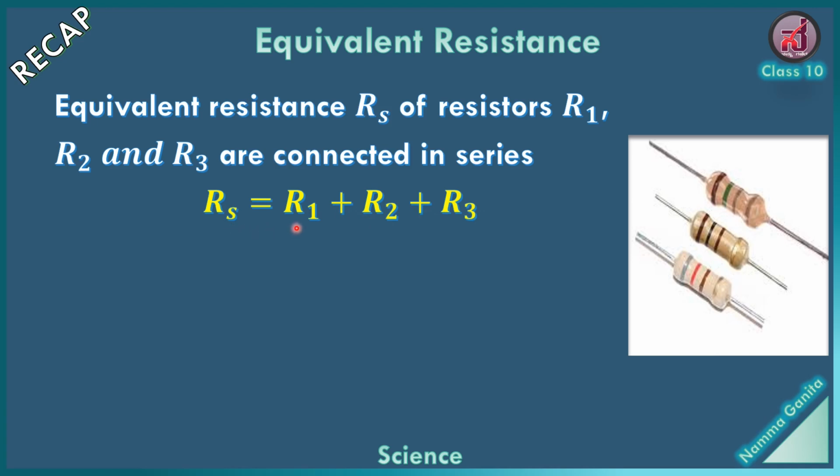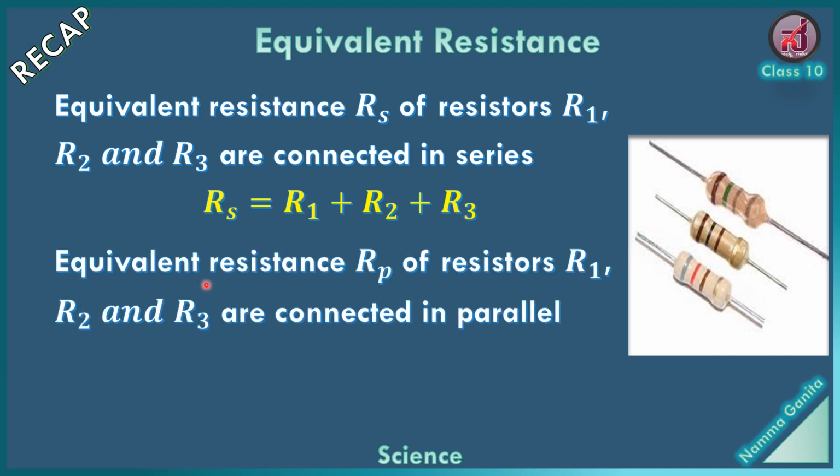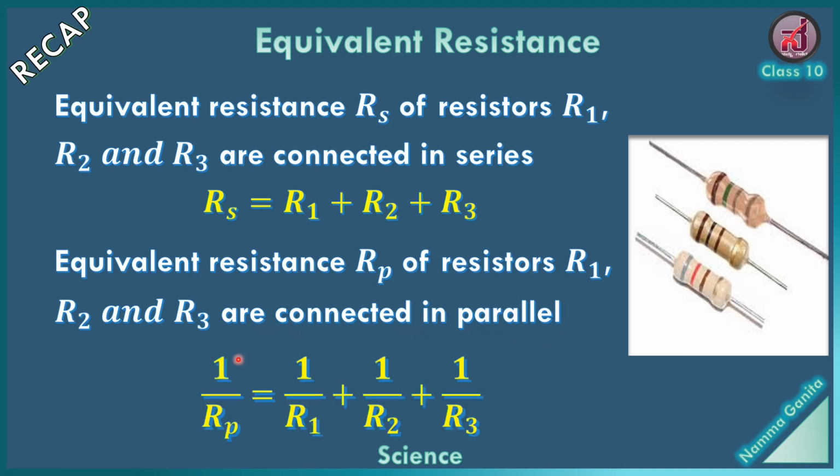Equivalent resistance Rp of resistors R1, R2 and R3 connected in parallel: 1 by Rp is equal to 1 by R1 plus 1 by R2 plus 1 by R3.